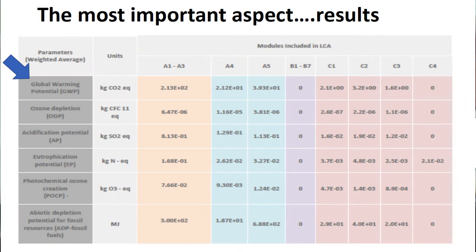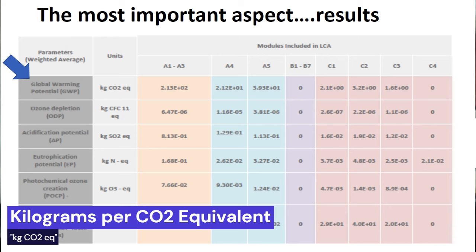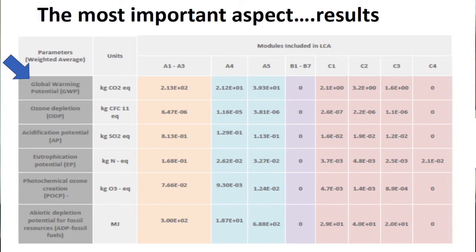But the embodied carbon and carbon word, it's just a sexy marketing term, right? That we've all latched onto to say, great, embodied carbon means this. Global warming potential takes all of the chemicals and all of the impact and it gives us a number, and it's expressed in kilograms per CO2 equivalent. So it does come back to carbon. It's expressed in a carbon because we understand that data.